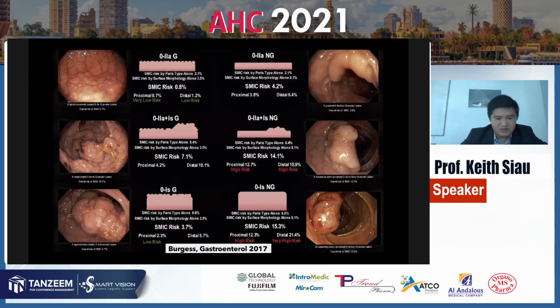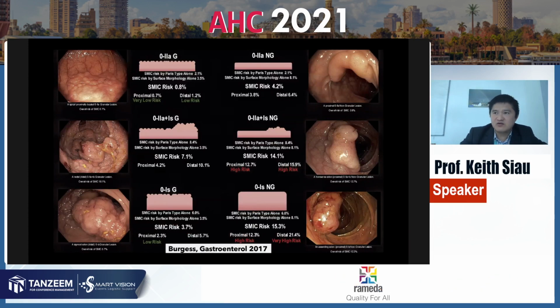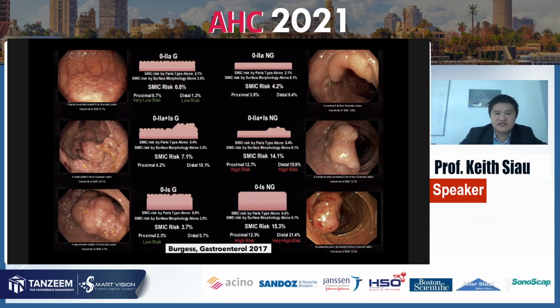This is a seminal paper from Michael Bork's group in Australia that talks about occult SMIC. What is the risk of cancer when you don't see cancer? And the key things here are that distal lesions, so the ones in the rectum, are really tiger country.